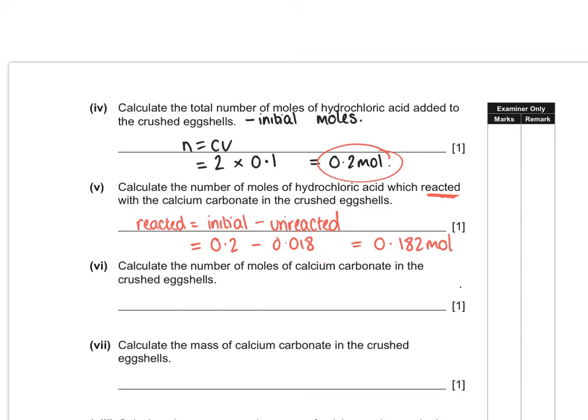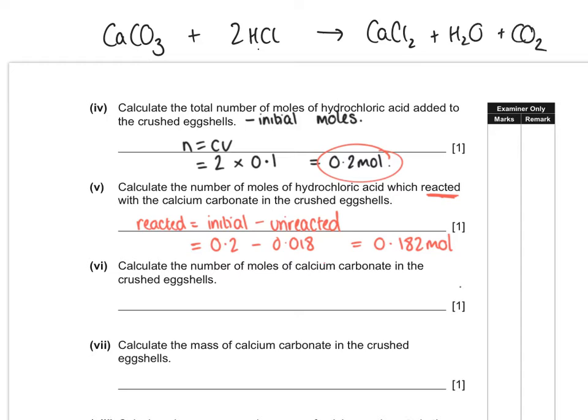Okay, next part of the question, calculate the number of moles of calcium carbonate in the crushed eggshell. Well, we need to relate it back to our first equation, which was calcium carbonate plus 2 hydrochloric acid gives us calcium chloride plus water plus carbon dioxide.